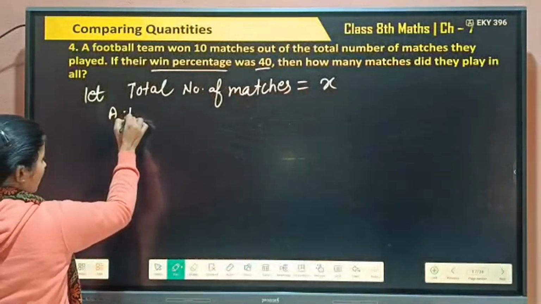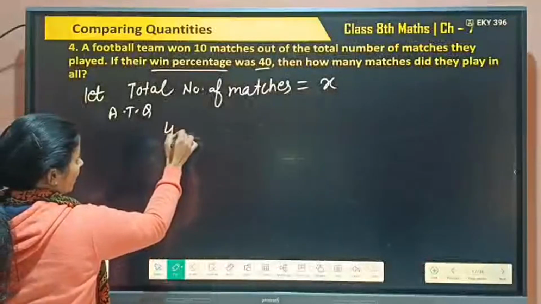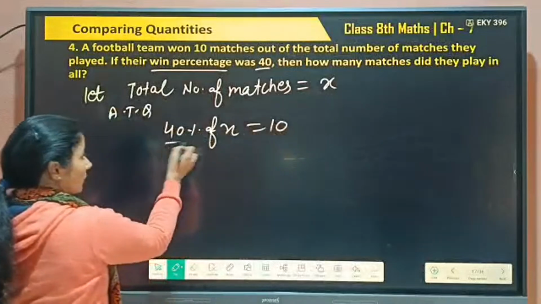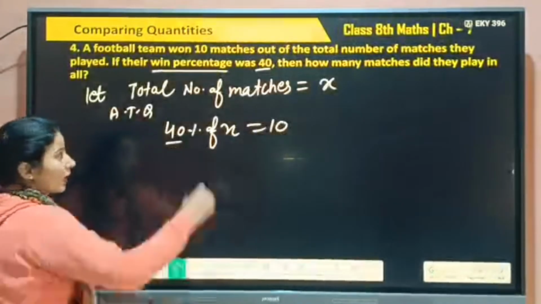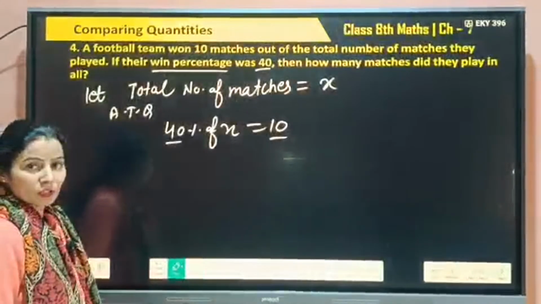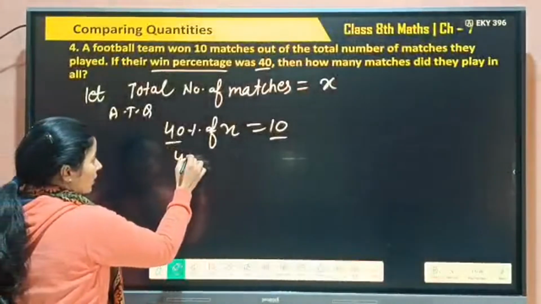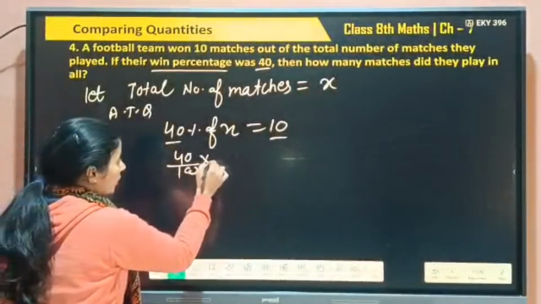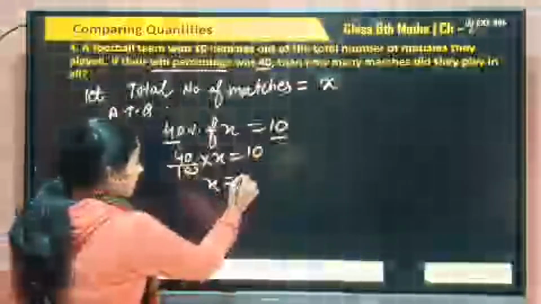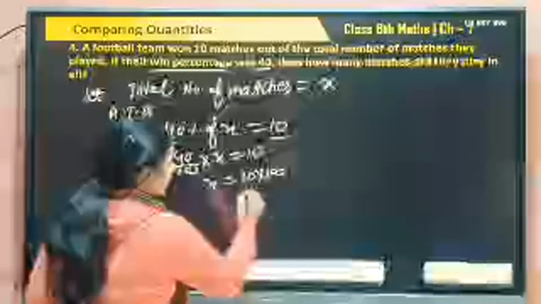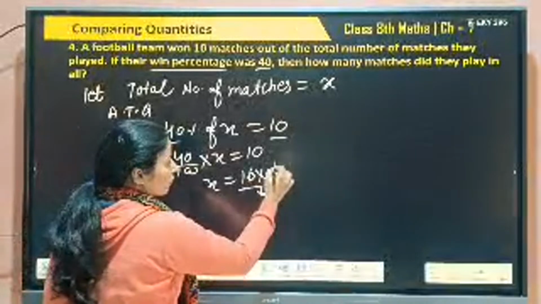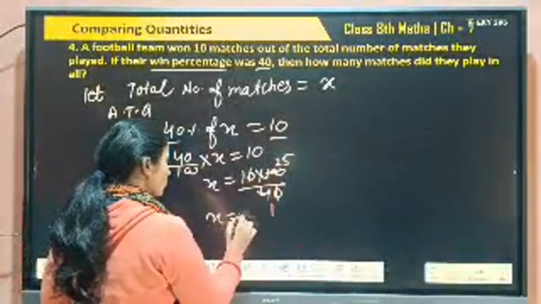So according to the question, 40% of x is equal to 10. So we write 40 by 100, and of means multiplication, x is equal to 10. X is equal to 10 into 100 by 40. 10 to 10 cancel. 4 1 4, 4 25 is 100. X is equal to 25.